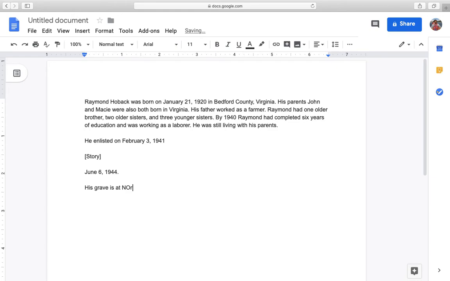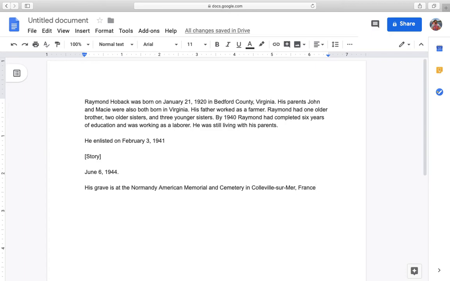It's at the Normandy American Memorial and Cemetery in Colleville-sur-Mer, France. Okay, so that's all the basic information.